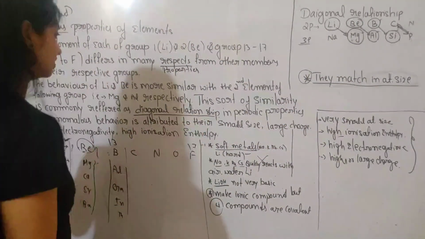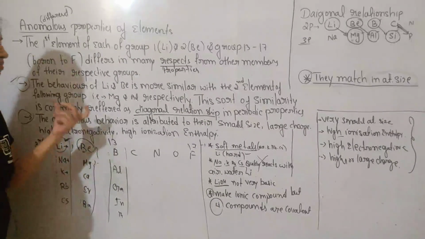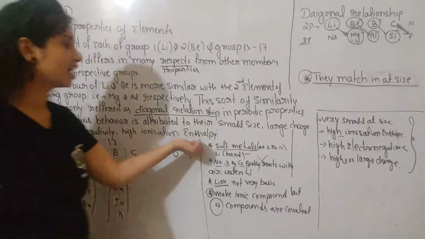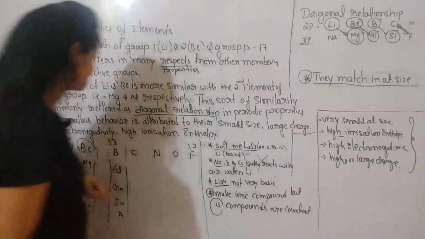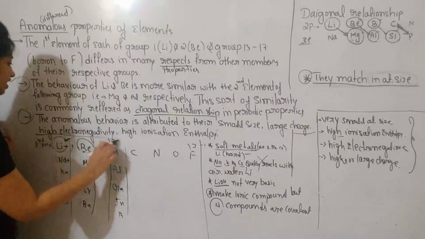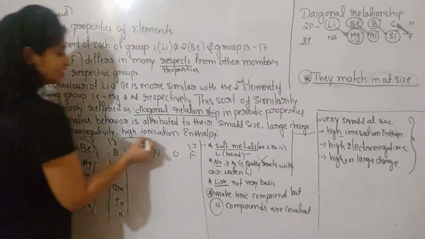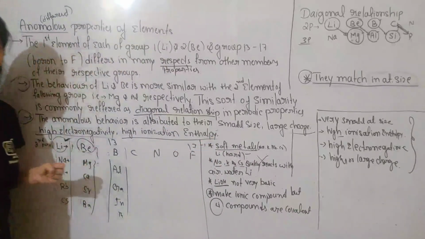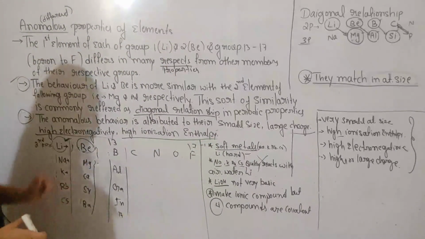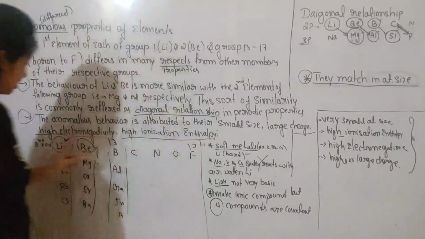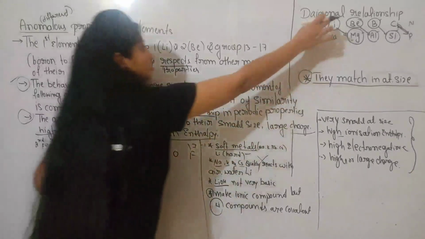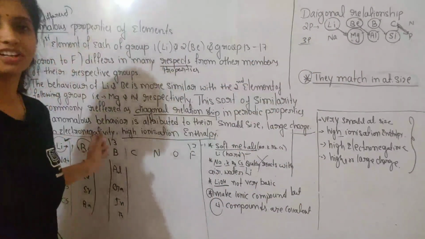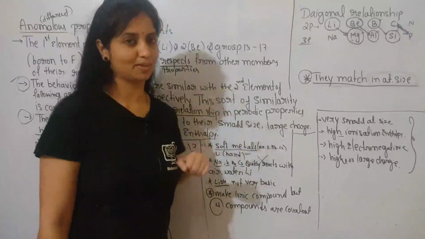In periodic properties, the anomalous behavior is attributed to their small size, large charge, high electronegativity and high ionization enthalpy. So by attributing these properties, they show different or anomalous properties.